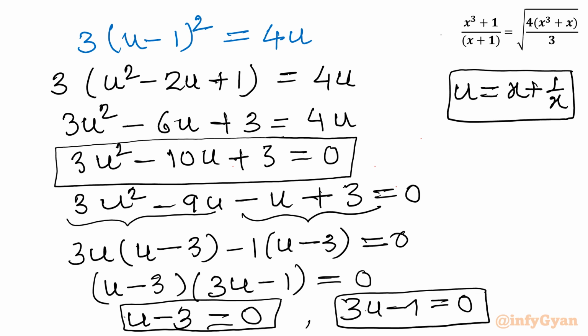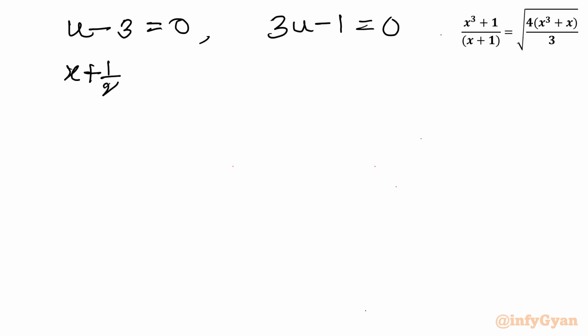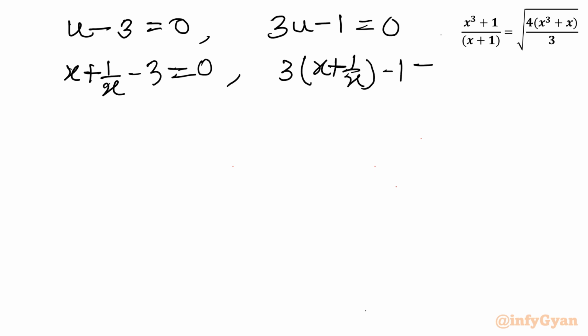U minus 3 equal to 0, and 3u minus 1 equal to 0. So I can write from here x plus 1 over x minus 3 equal to 0 for first equation, and second equation I can write 3 times x plus 1 over x, minus 1 equal to 0.